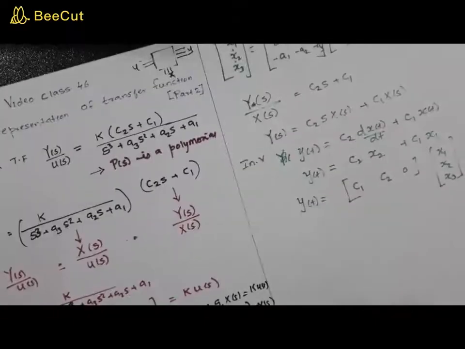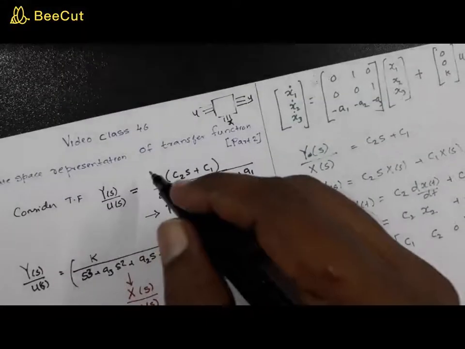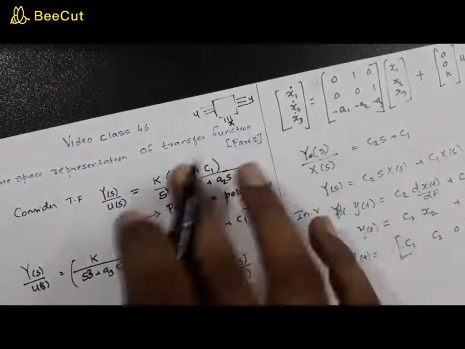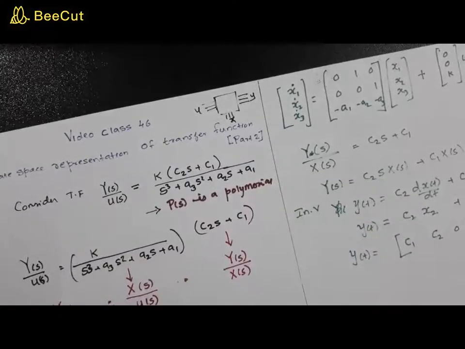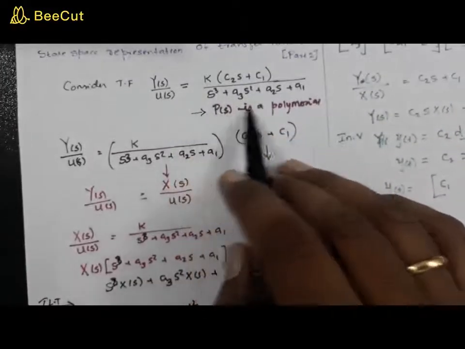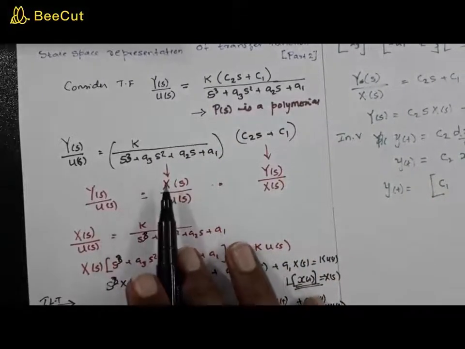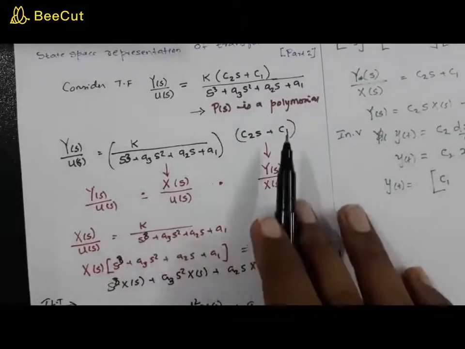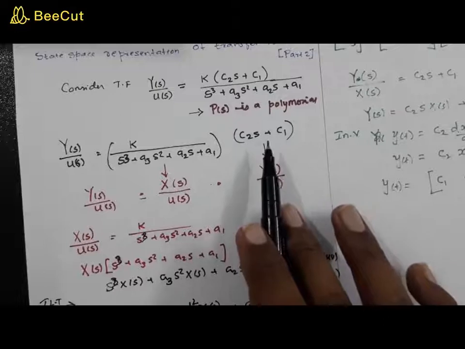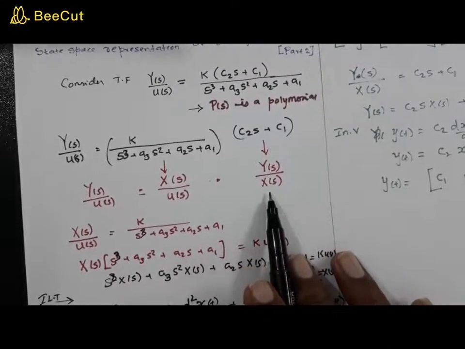Okay. So the difference from the previous one is that you need to take the constant polynomial as one of the transfer functions. You need to break the transfer function in such a way that, in this example, the numerator k has to be considered as a transfer function with the constant, and the polynomial part p of s has to be considered as another transfer function of the form y of s to x of s.